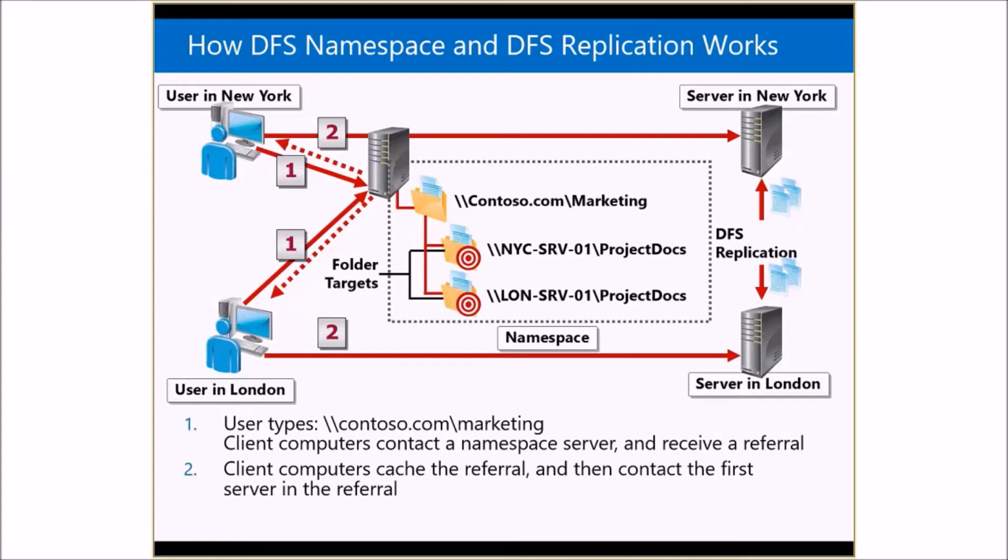I fly across the Atlantic and get to New York, and I haven't finished that project, so I want to open up my laptop and keep working on it. The data is exactly the same because it's been replicated. I use the same namespace, and now I'll get to the New York server instead of the London server because that's my local server now. Faster speed, and obviously easier access because we don't need to go through some sort of WAN link.